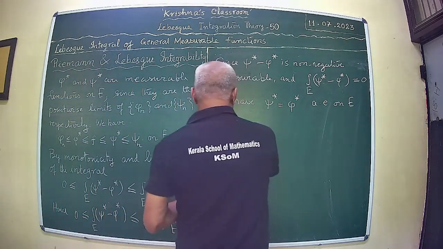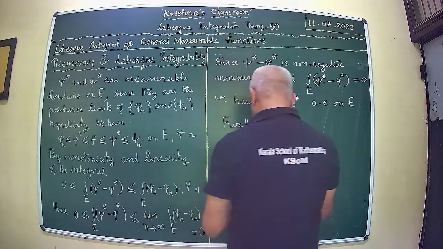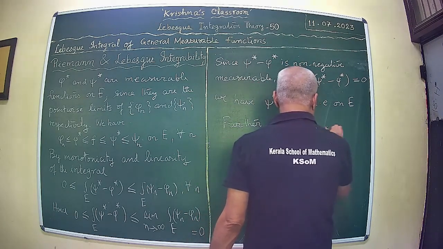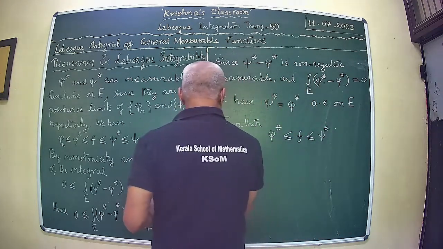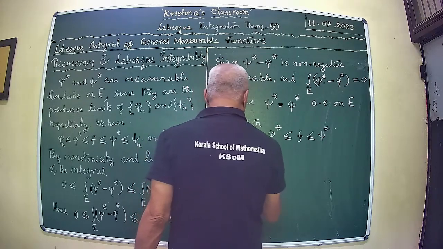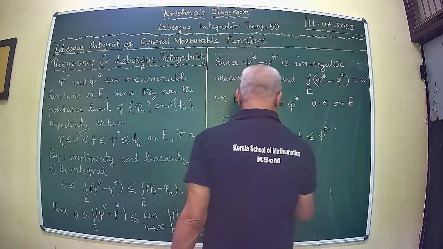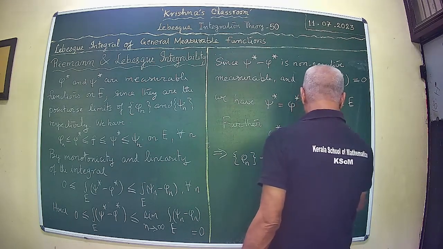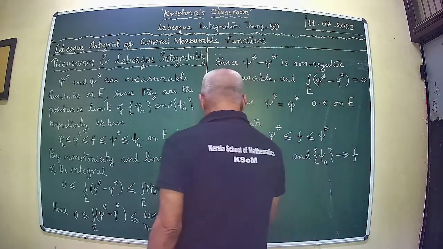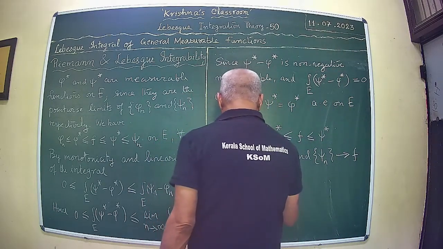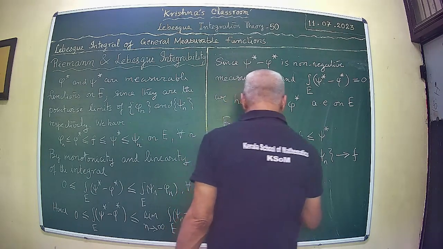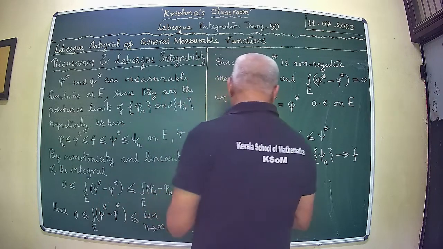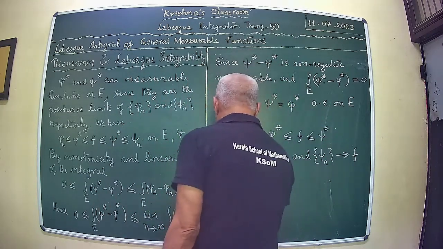Further, we have phi star is less than or equal to f, less than or equal to psi star, which implies phi n converges to f, and psi n converges to f almost everywhere pointwise. So that implies f is measurable.